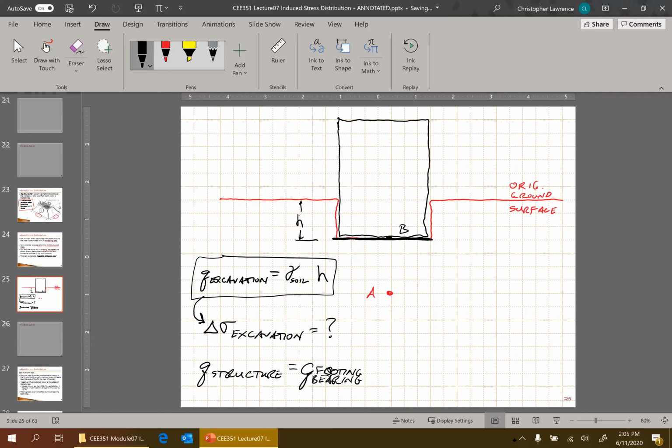Okay, the footing load or the bearing pressure caused by the structure. What we have to consider for the influence on point A is the load applied from my structure.